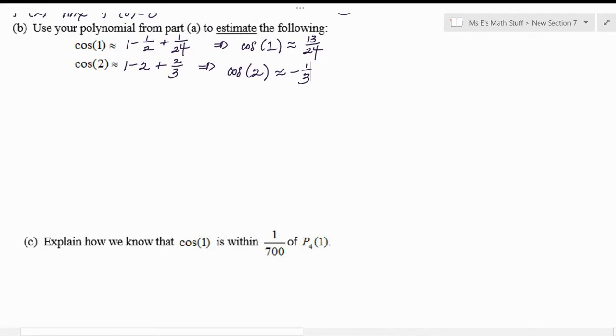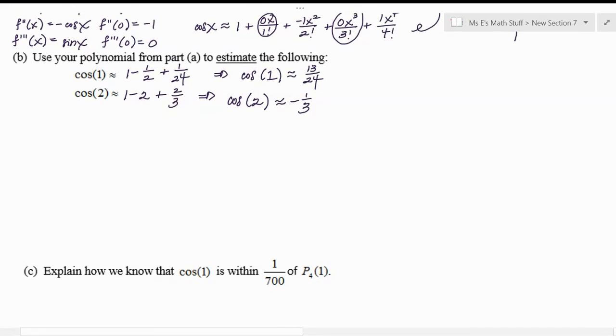All right, my friends. So for part C, I'd like for you to think about how it is that we could know that the actual cosine of 1 is within 1/700th of what we got when we plugged 1 into our 4th degree Taylor polynomial up above.